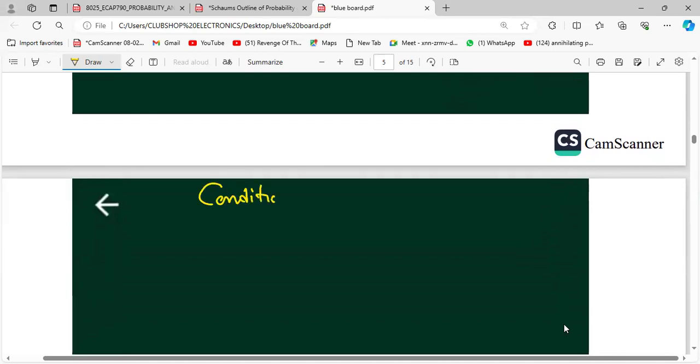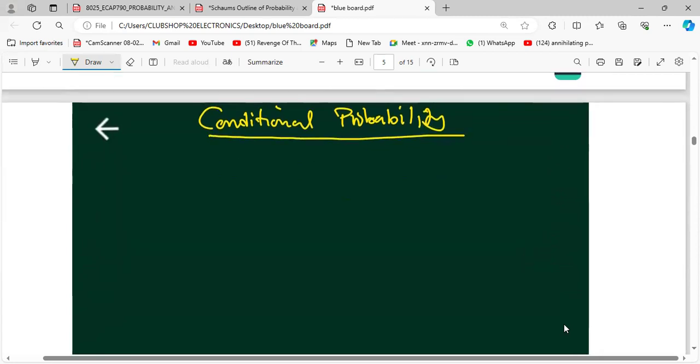Conditional probability. Now, what is conditional probability?